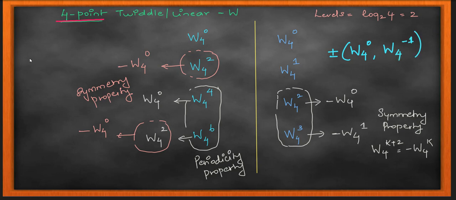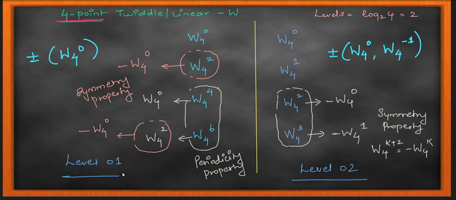Done. Now I can proceed to compute the FFT because I know these twiddles. Now I'm going to do the butterfly diagram for my 4-point and then compute the FFT. The same way I can do the IFFT by taking the complex conjugate and an extra multiple of 1 by 4. So let's get to it.